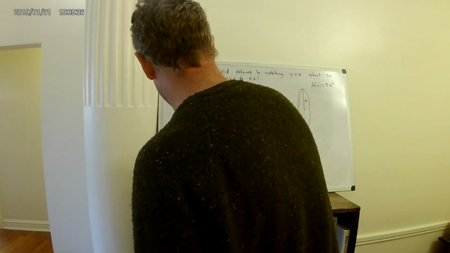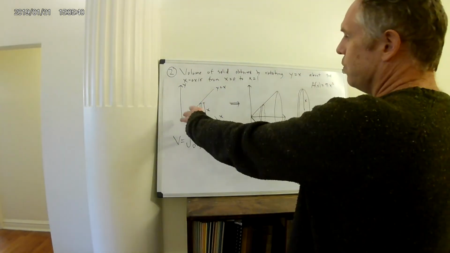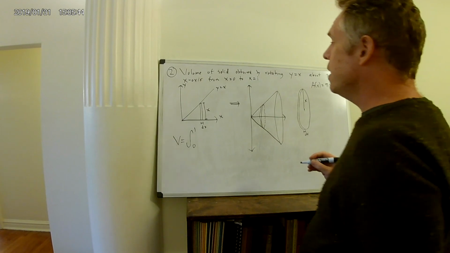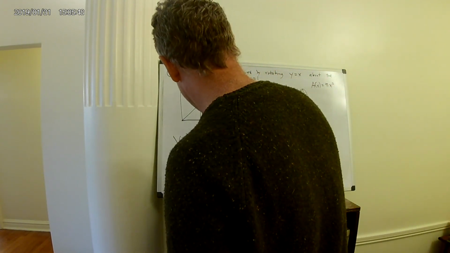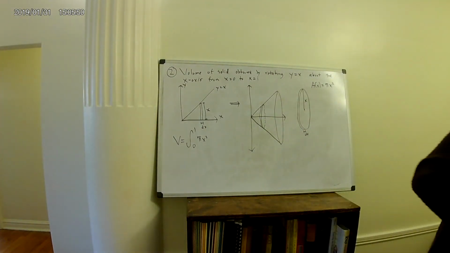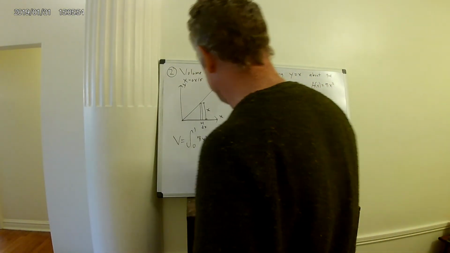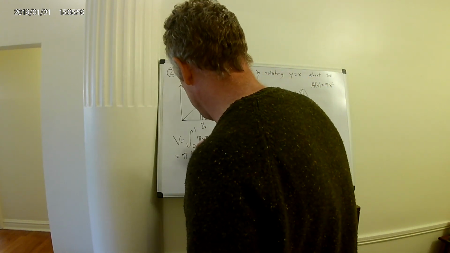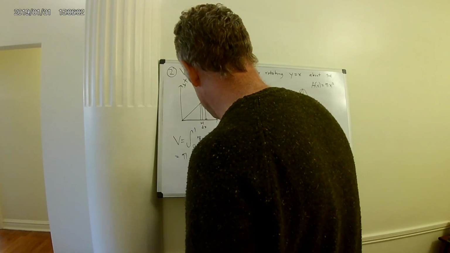Our volume integral will be the integral from 0 to 1, because we're only going from x equals 0 to x equals 1. That's the only part of the solid object we're considering, times the area function, which is pi x squared, and we're integrating this over dx. Now I can pull out the pi, and we have an integral from 0 to 1 of x squared dx.